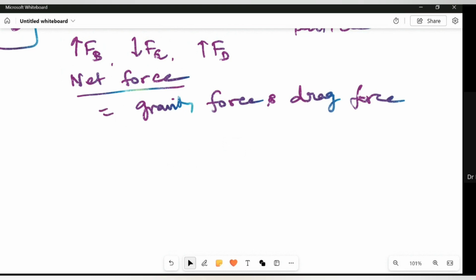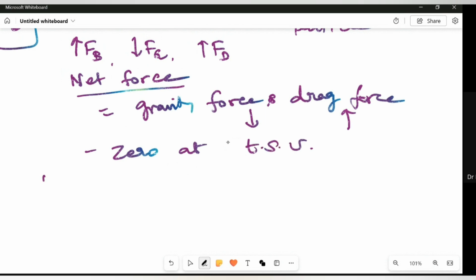This gravity force acts downwards, this drag force acts upwards. The difference between these two is going to be the net force, and we have seen that the net force will be zero at terminal settling velocity.